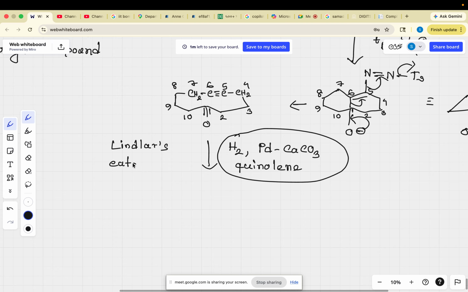From triple bond, the bond will reduce. Triple bond, what will you get? Double bond is fine. From triple bond you are getting double bond definitely, because you are adding hydrogen. But what will be the thing, cis or trans?